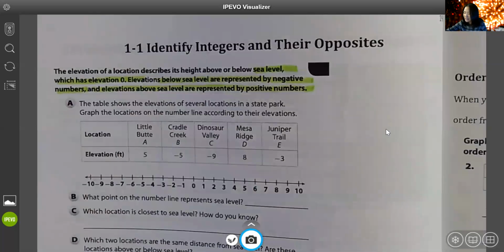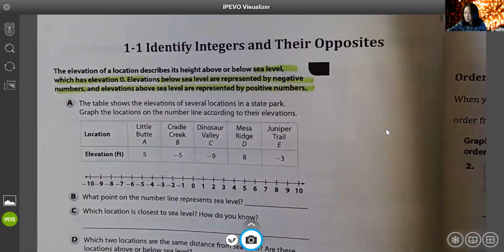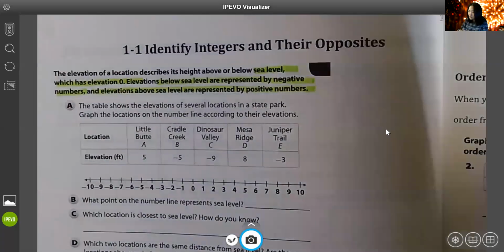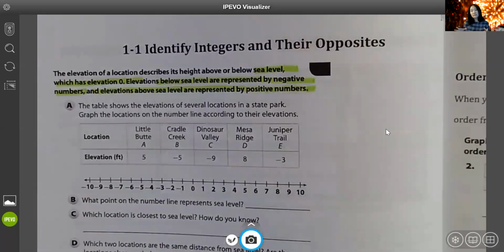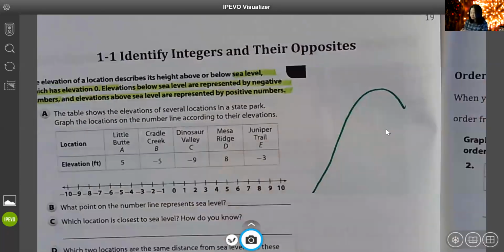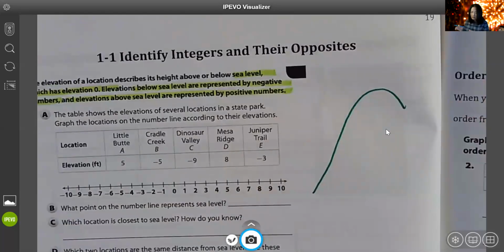So let's think about the ocean and about a mountain. I know that we only see the mountain that is above the ground. However, technically, a lot of mountains have a part that's under the ocean.